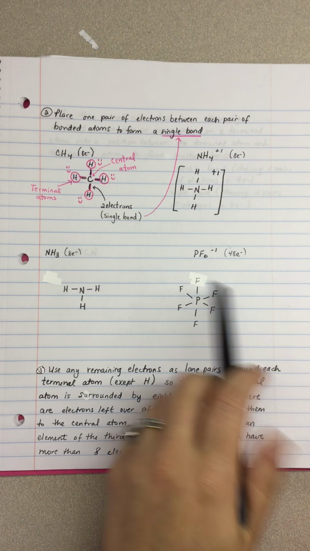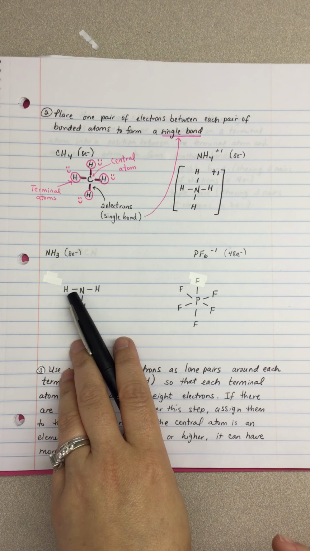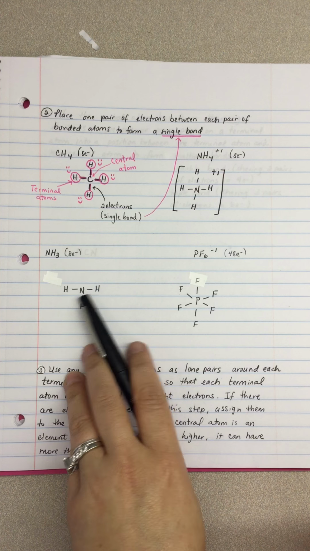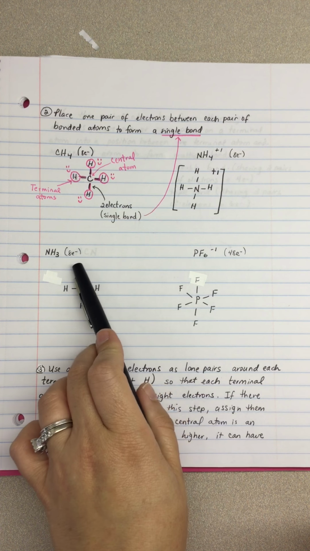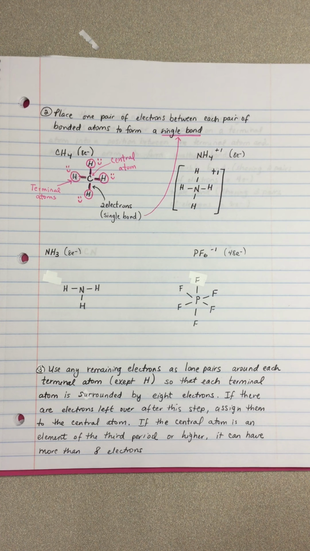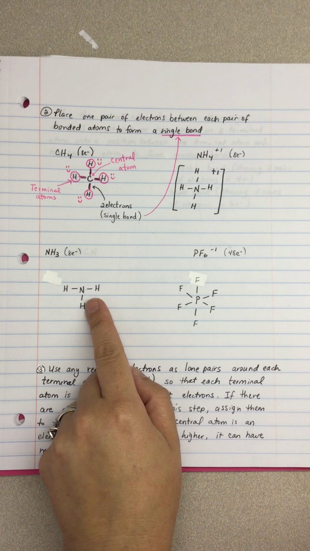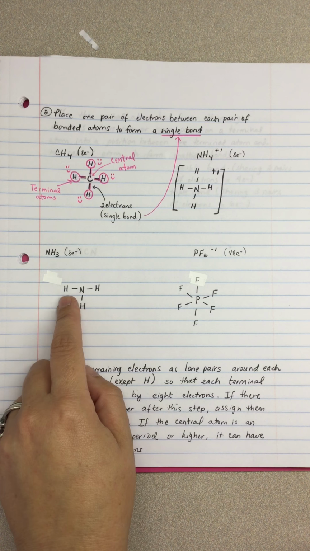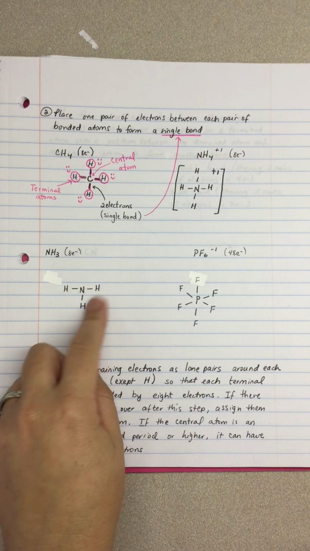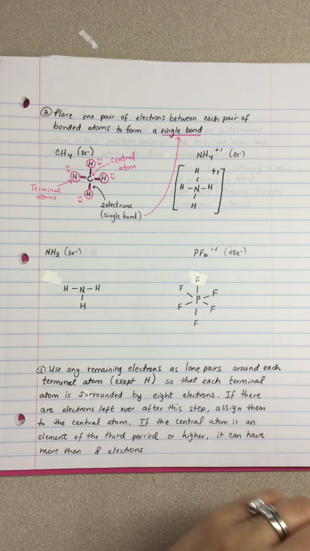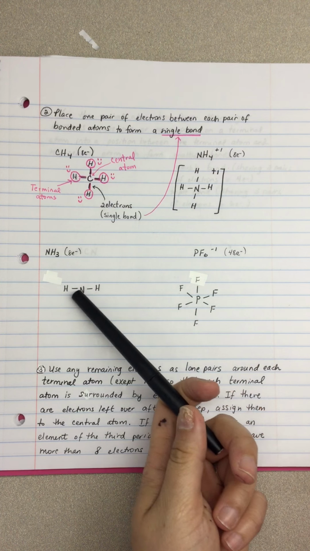Now we need to check: we have 3 hydrogens and we're using 2, 4, 6 electrons around the nitrogen. We have a total number of electrons equal to 8. Out of the 8, we're using 6 to connect the hydrogens with the central atom nitrogen. All 3 of the hydrogens have a complete octet, but not the nitrogen.